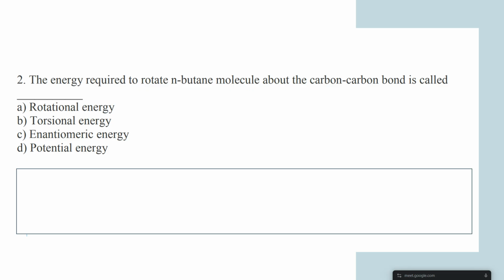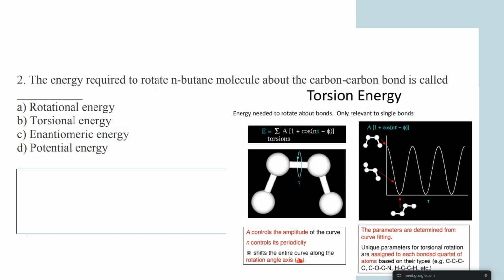In the next question, it is asking: the energy required to rotate N-butane molecule about the carbon-carbon bond is called rotational energy, torsional energy, enantiomeric energy, or potential energy. So I hope you remember the concept of torsional energy, which was covered in one of the video lectures provided by the NPTEL course.